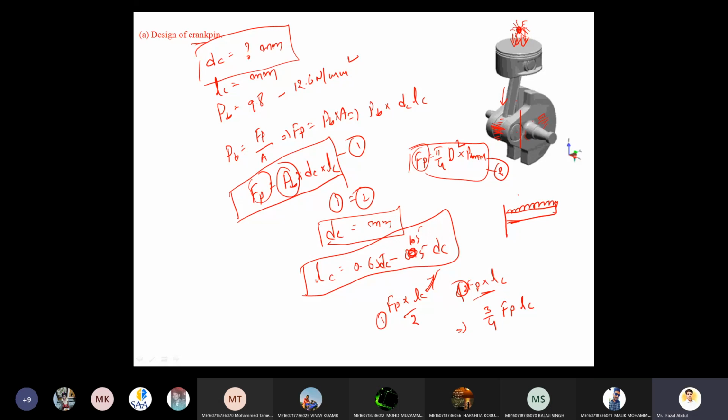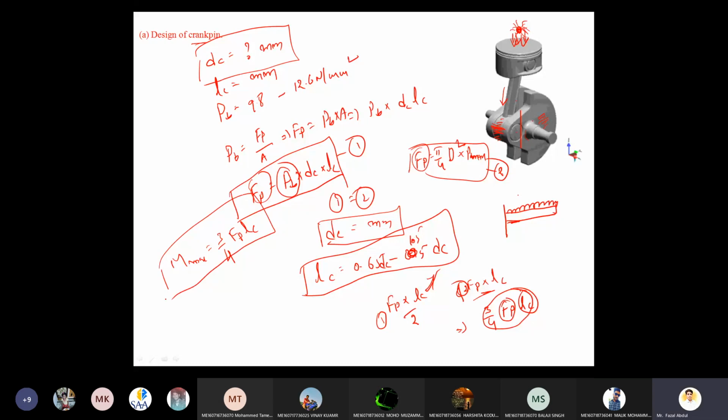Now the maximum bending moment is force into perpendicular distance, that is 3 by 4 into Fp into Lc.